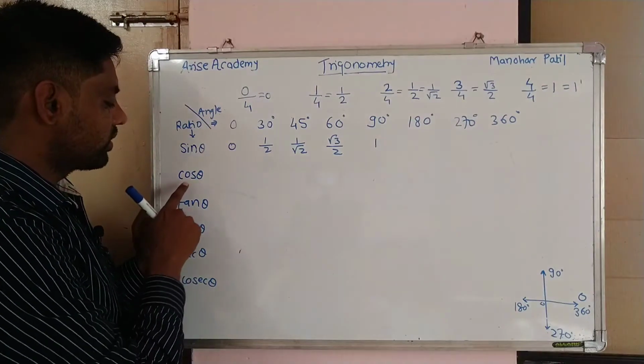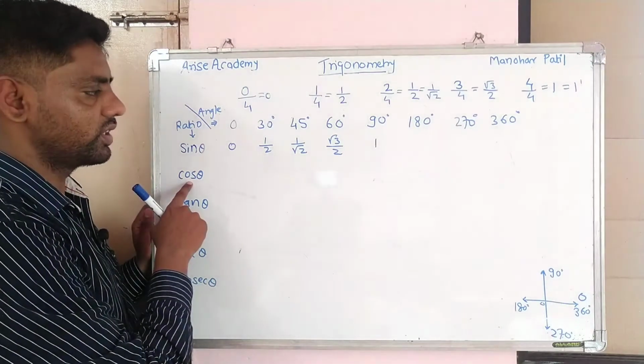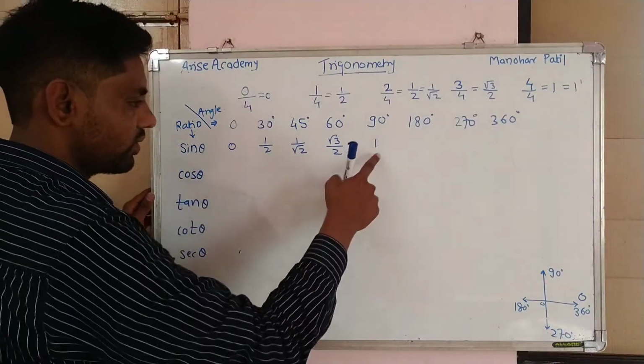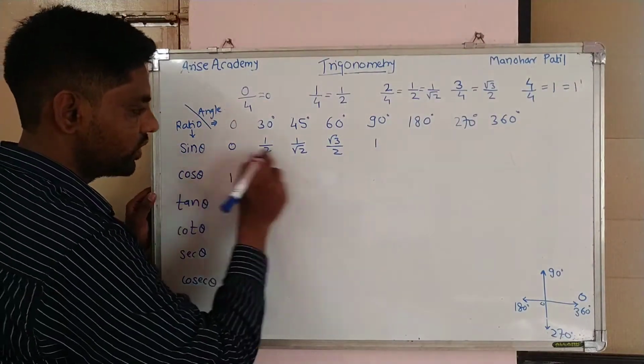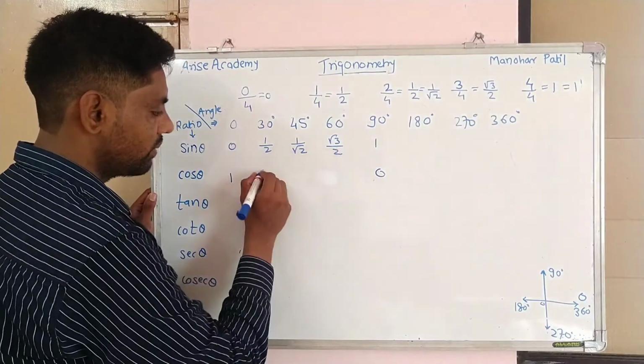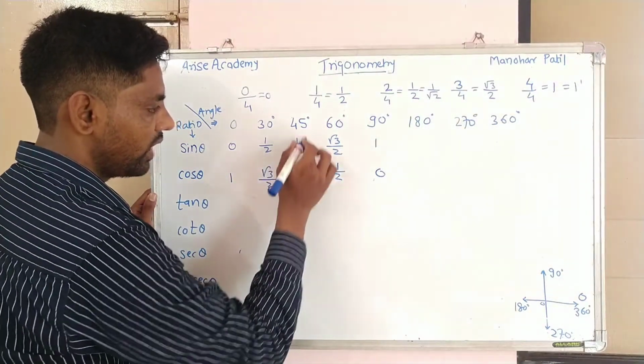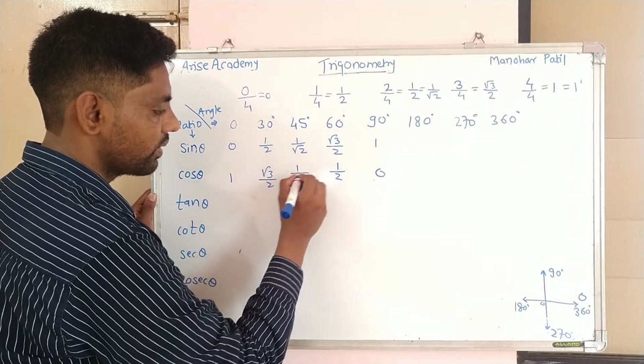Next we find the values for cos theta. For that you just interchange the values: 1 here, 0 here, root 3 by 2, 1 by 2, and 1 by root 2 for 45 is always the same.